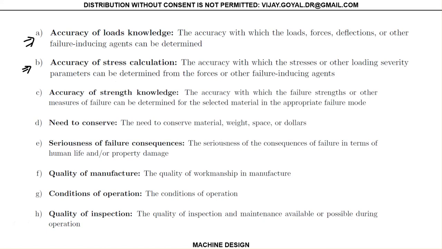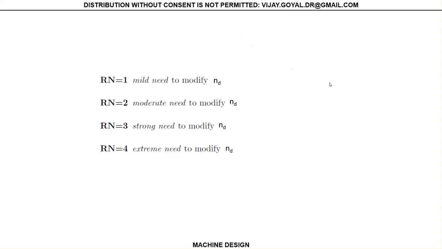So the way we do this is we're going to use what we're going to call rating factors. Okay, the rating factors go as follows. So this is what we call the rating factors. Okay, and the rating numbers basically say the following.